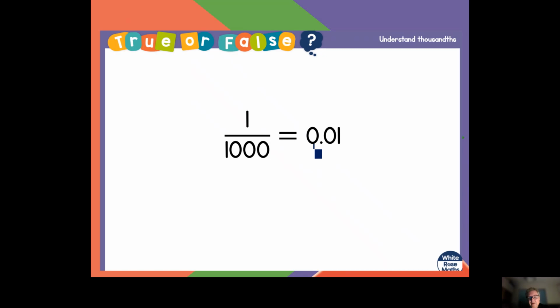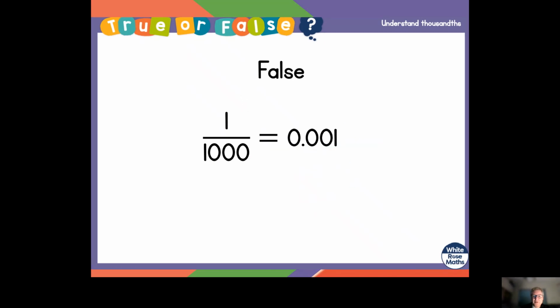No whole there. This is a tenth, and this is a hundredth. But actually we're not looking at 1/100th, we're looking at 1/1000th. And that is the third place value to the right of the decimal point. So there we go.